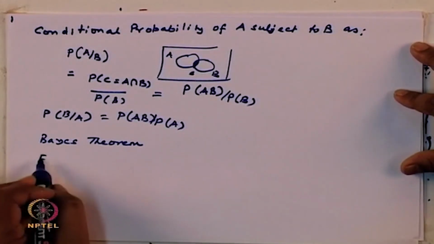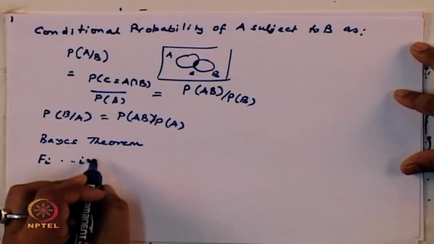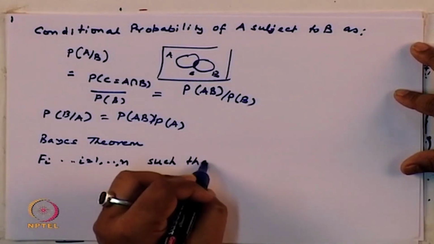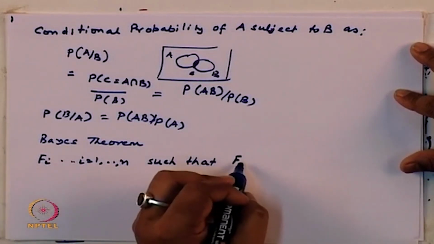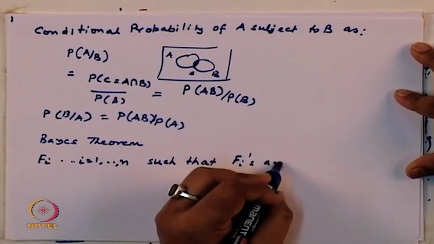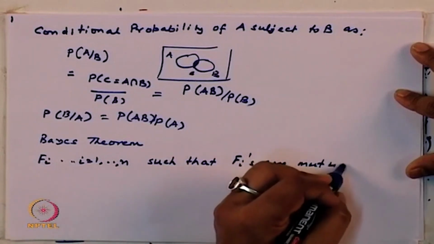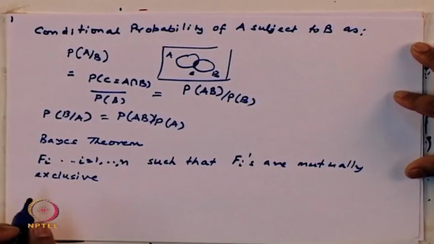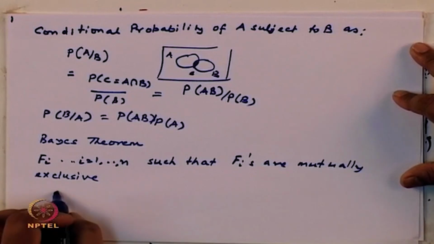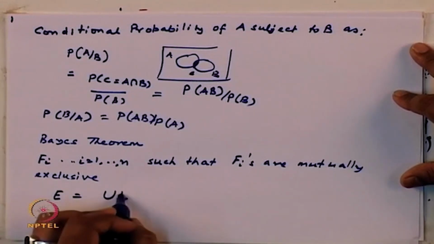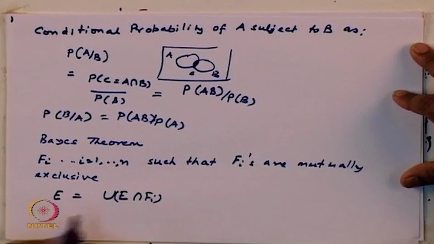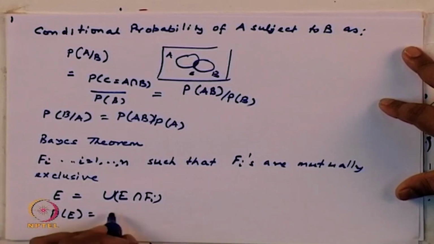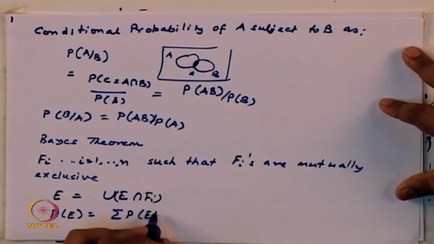If you have events Fi, i equal to 1 to n, such that the Fi's are mutually exclusive, you can write some event E as simply the union of E intersection Fi. In that case you can write P of E as the summation of P of E Fi.